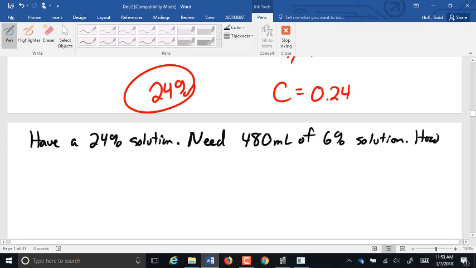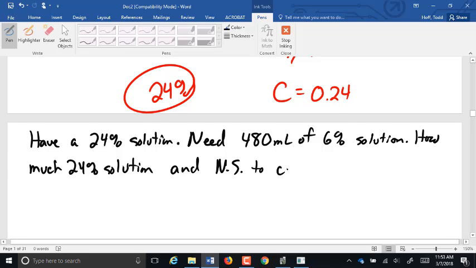So I want to know how much 24% solution and how much water, sterile water, saline, to combine.